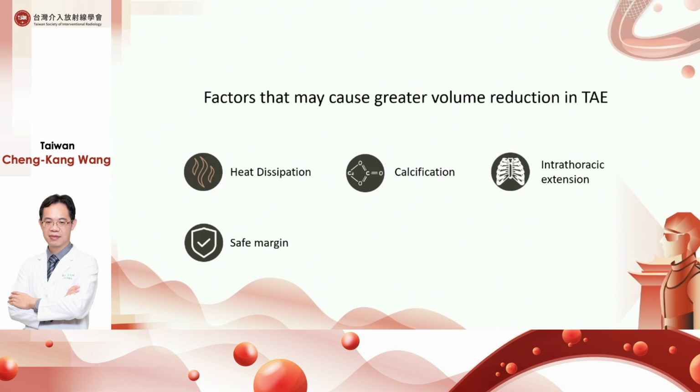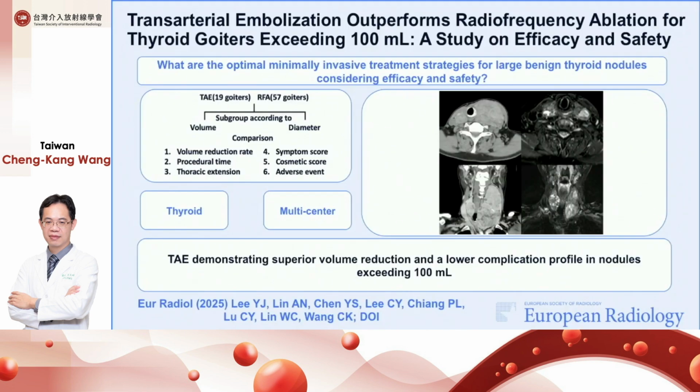In contrast, the effectiveness of TAE is less affected by calcification and by other factors previously mentioned, such as intrathoracic extension, and the need to cautiously preserve adjacent vital structures. A recent study on the treatment of huge thyroid nodular goiter using RFA or TAE was published in European Radiology this year.